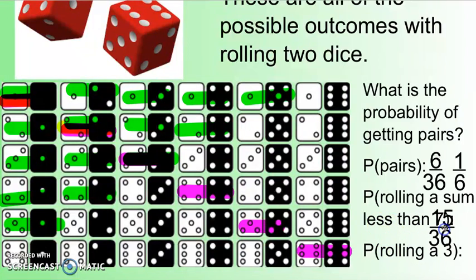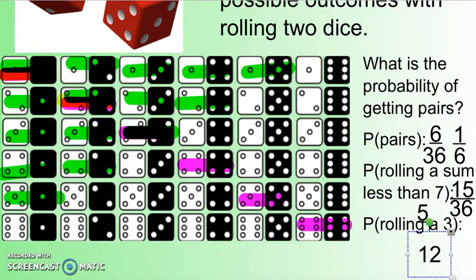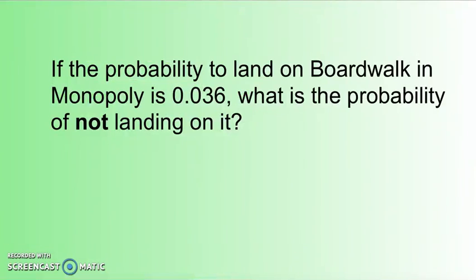Is there something you could divide 15 and 36 by? Yes. We could divide both of them by 3, and we would get 5 and 12. 5/12 would be my answer. I'm not going to do rolling a 3 because I think we can figure that one out, but I'm going to move on to the next one.